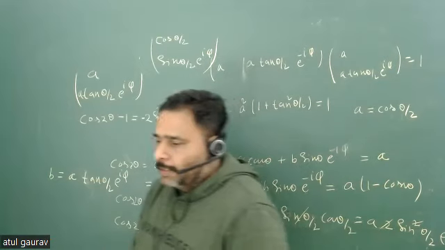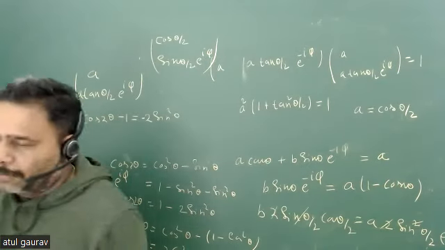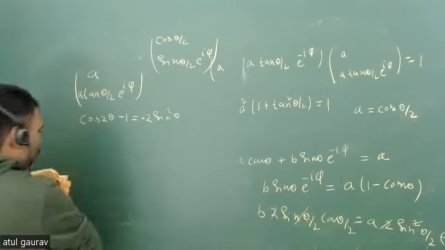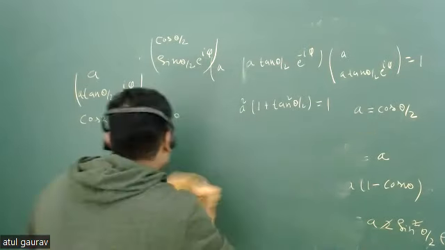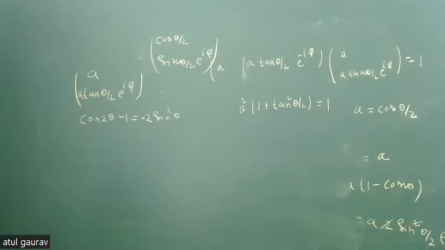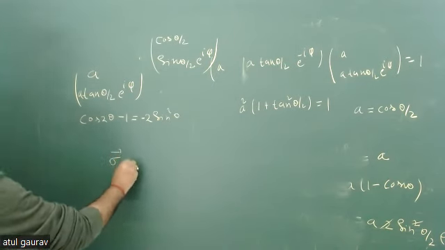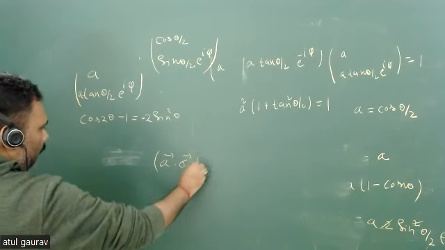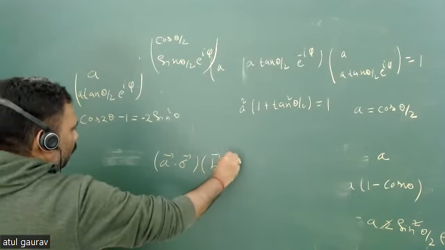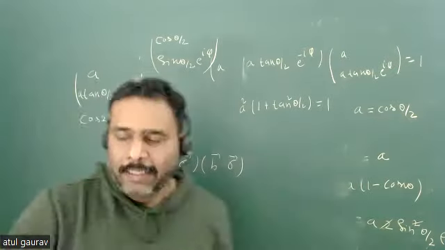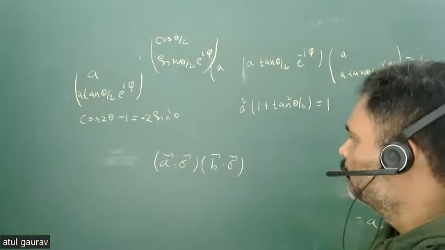And the last property of these Pauli spin matrices is, this is also a very nice property, and we will use it whenever needed. So this property is very nice. If we have some vector A, a constant vector, and some vector B, then A vector dot sigma into B vector dot sigma, if we get this, these are two matrices and you have the product of these matrices.